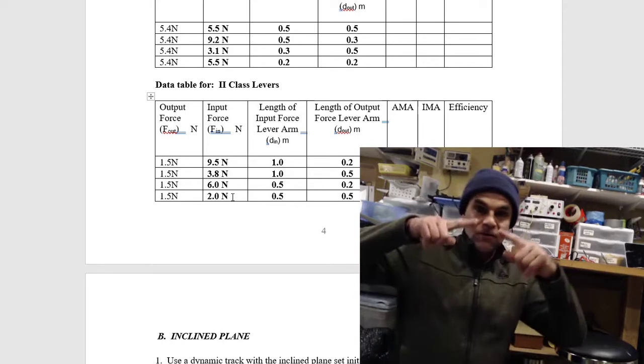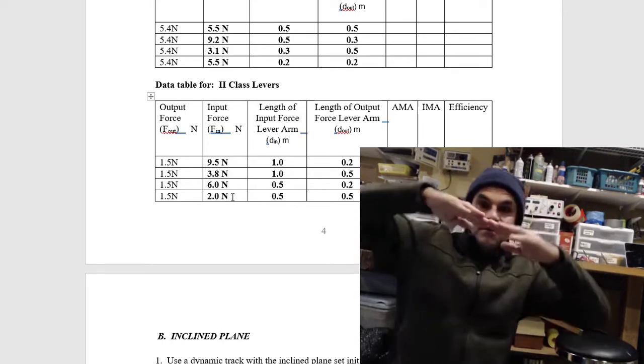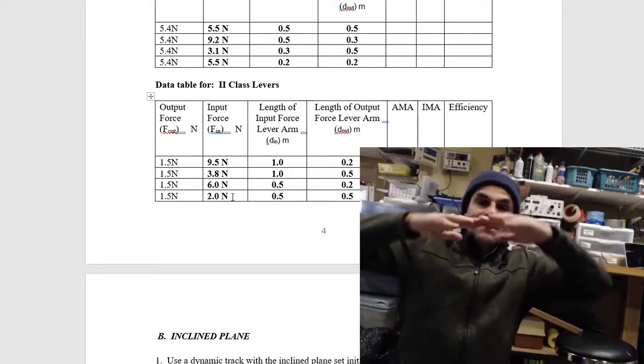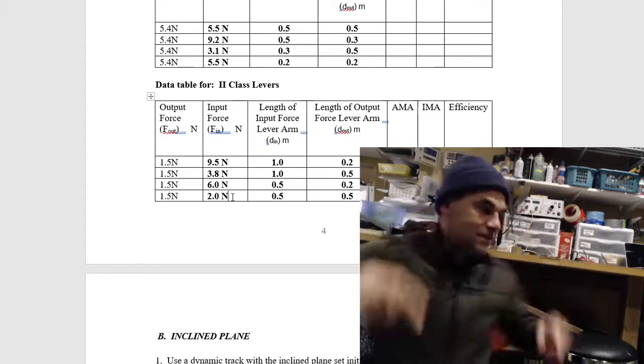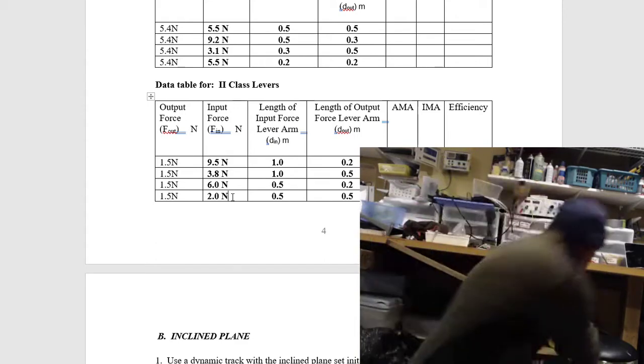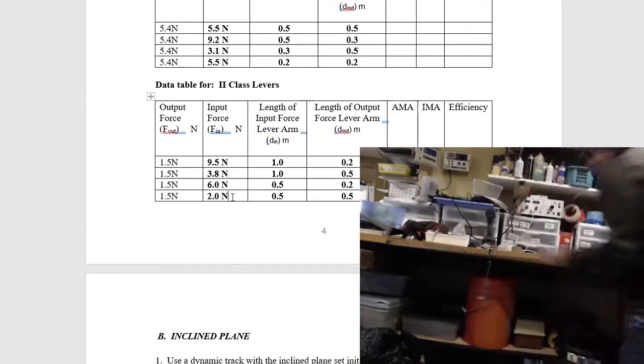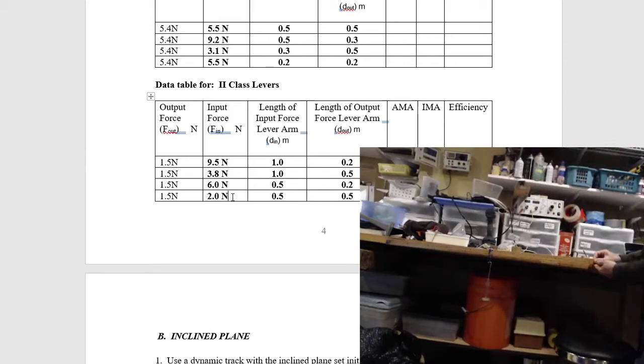In the other case, when you had the class 1 lever, you had the same amount of meter stick on both sides. So the effect of the meter stick canceled out. Here, though, you have a meter stick, and the longer the input force is, the more meter stick it has along with it.